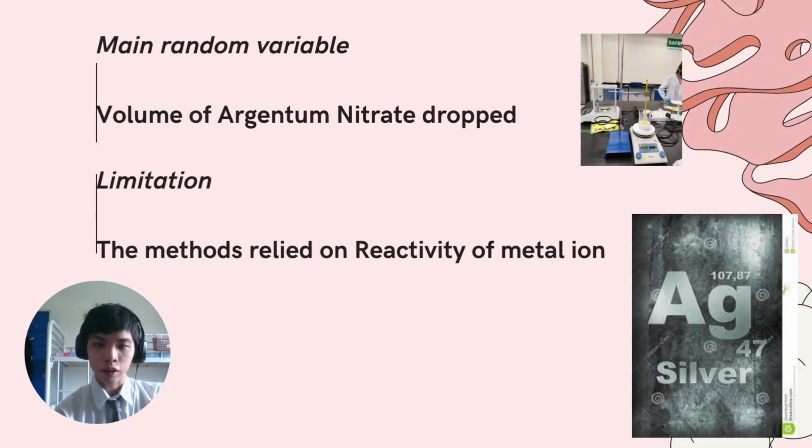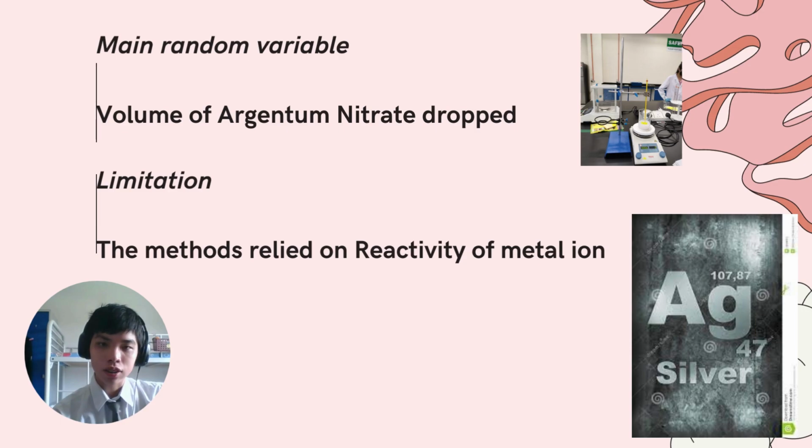As the experiment results mainly show failure, we need to identify the main variable that affected our result accuracy, as there is a lot of chlorine left in the solution. The main variable will be the volume of argentum nitrate droplets, because in this experiment the method or the recorder does not record the argentum nitrate, the important precipitating agent.